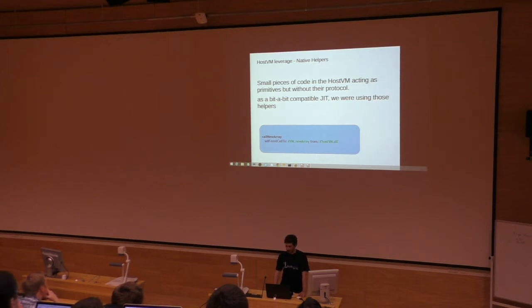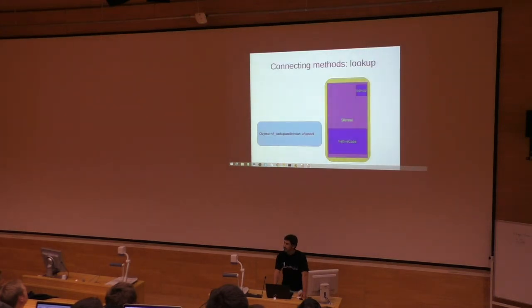Okay, so all these things that are shown are things that should disappear if you want to make a Smalltalk that doesn't need a VM, right? So, for example, how can we connect a method with lookup in a runtime that doesn't have a virtual machine?